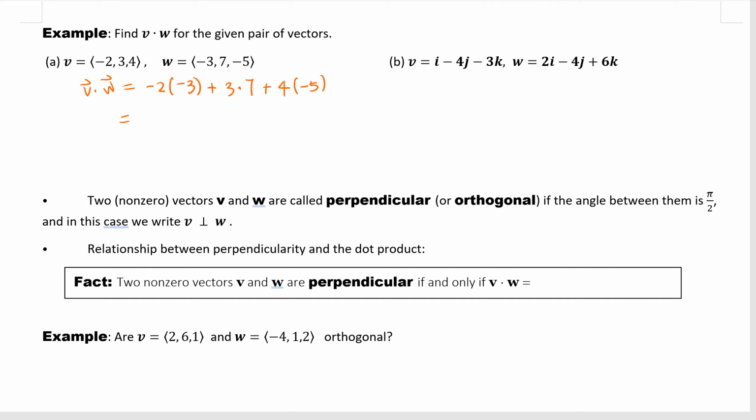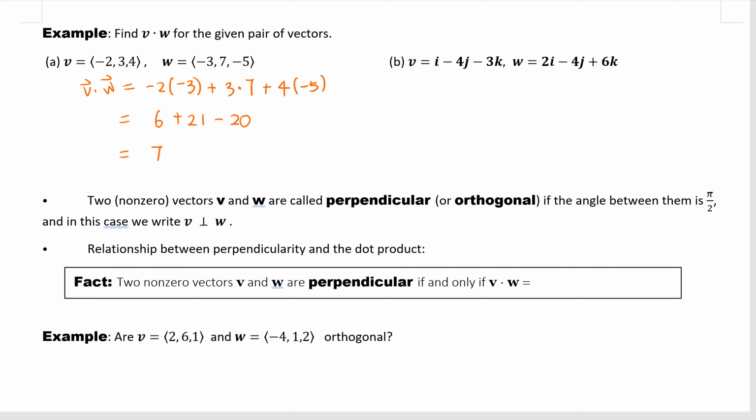Okay, negative 2 times negative 3, we have 6. 3 times 7 is 21. 4 times 5 is 20, so we have minus 20. 21 minus 20 is 1. 1 plus 6 is 7.